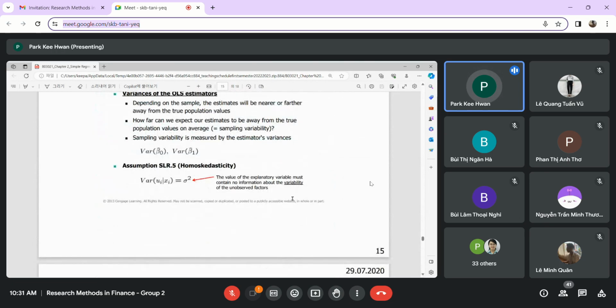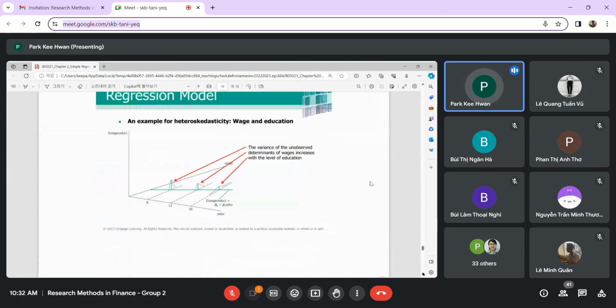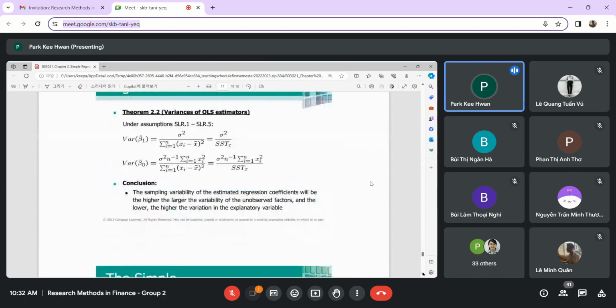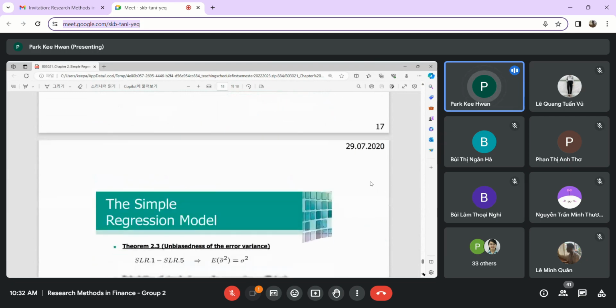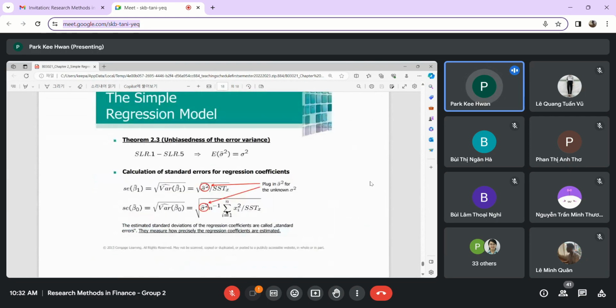And the variance has to do with the standard error of the estimator, and the standard error tells you how precise and how reliable your estimate is. When the error term has greater uncertainty, standard error will be higher. When you have more variation or a greater sample size, standard error will be low.